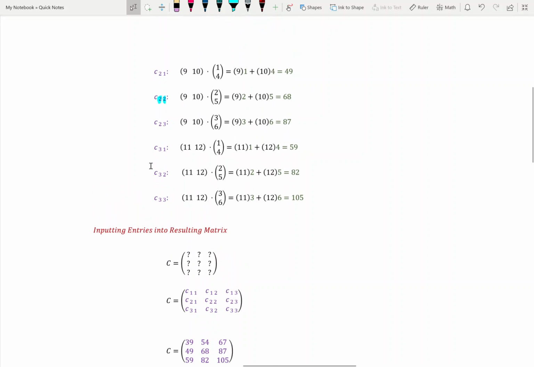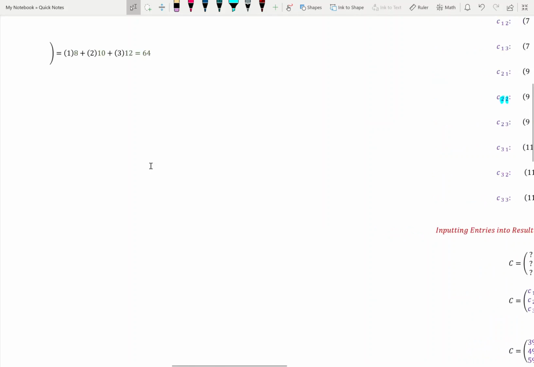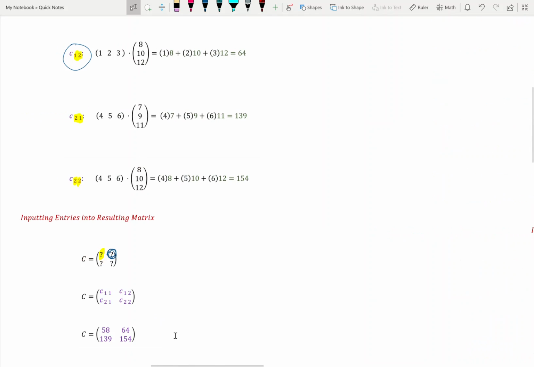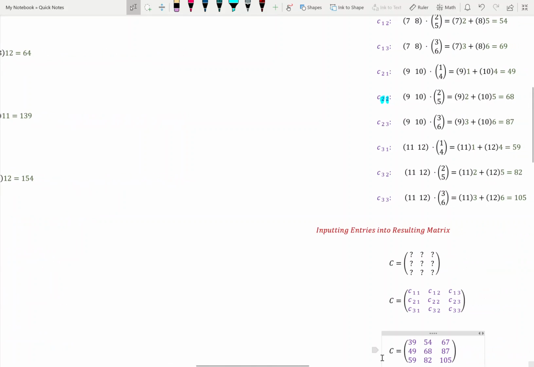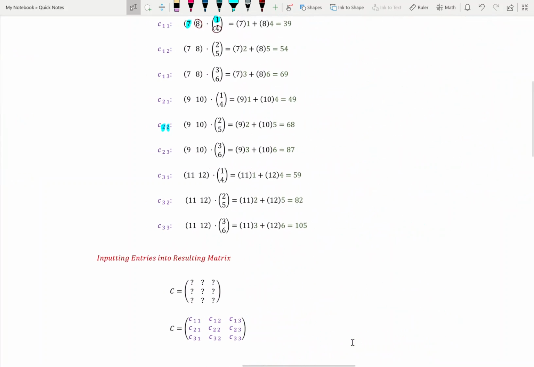So one thing I want you guys to realize is this. We did A times B in the first example, and this was our resulting matrix. And then we did B times A, and we got this. So what does this tell us?